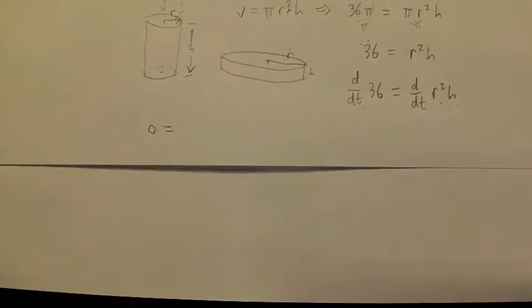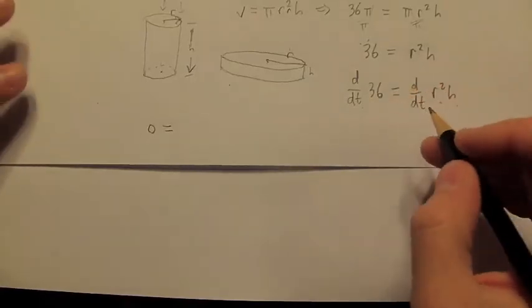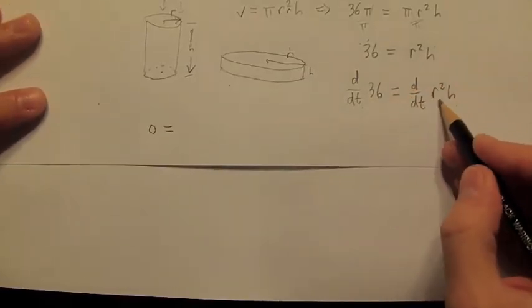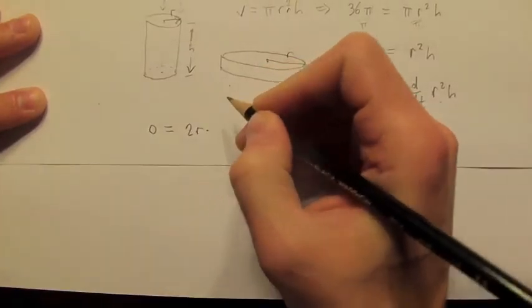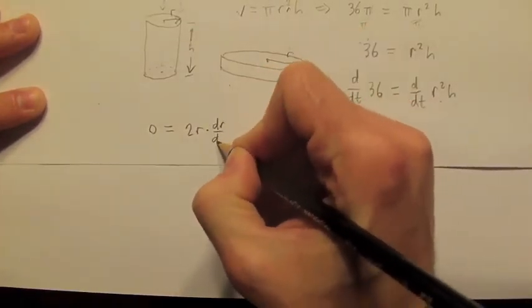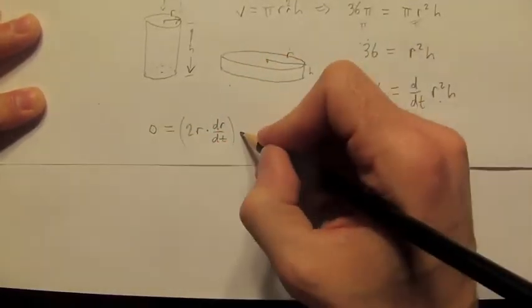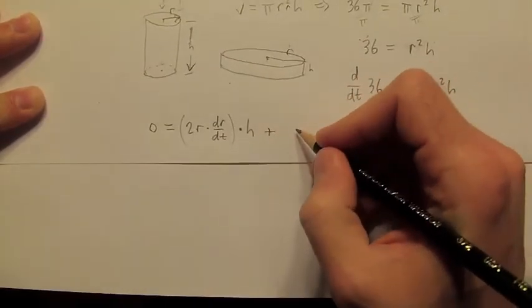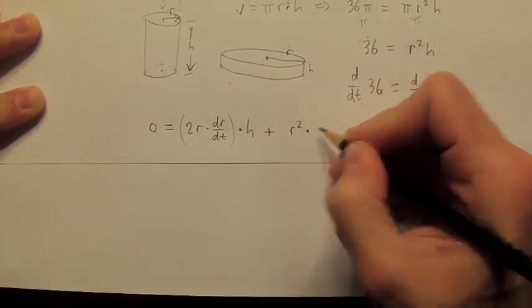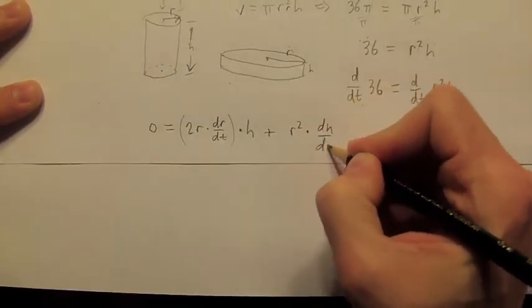Well, here, what makes this an interesting example is we actually have to use the product rule here. The product rule, it's going to be the derivative of the first, which will be 2r times dr/dt. Okay, so there's the derivative of the first guy times the second guy left alone, plus the first guy left alone times the derivative of the second, which is just h, so that will be dh/dt.